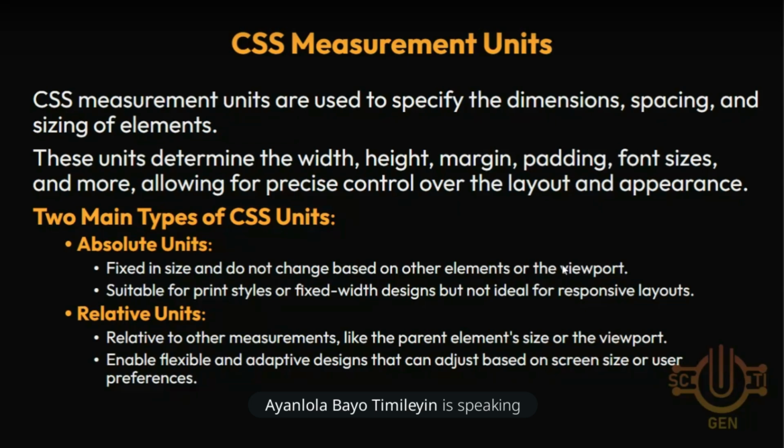Then the absolute units are suitable for print styles or fixed width designs, but not ideal for responsive layouts. So if you are considering building a responsive layout, do not use absolute units.